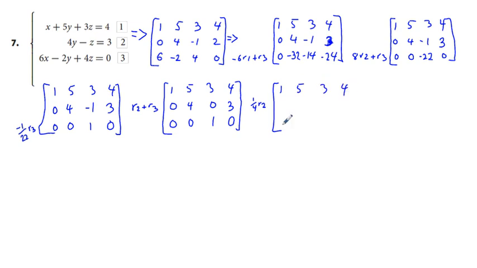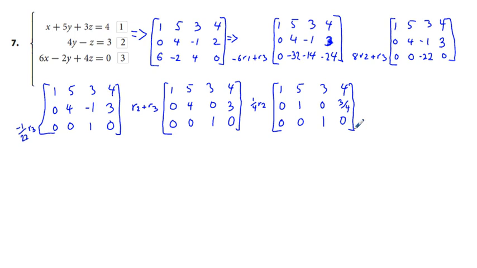The bottom one is 0, 0, 1, 0. And we take 1/4 of row 2, we get 1/4 of 4 is 1, and then 1/4 of 0 is 0. 1/4 of 3 is going to be 3/4. And now we have our y value of 3/4.